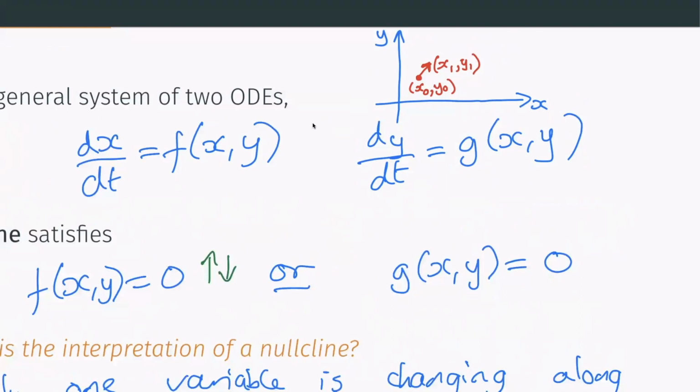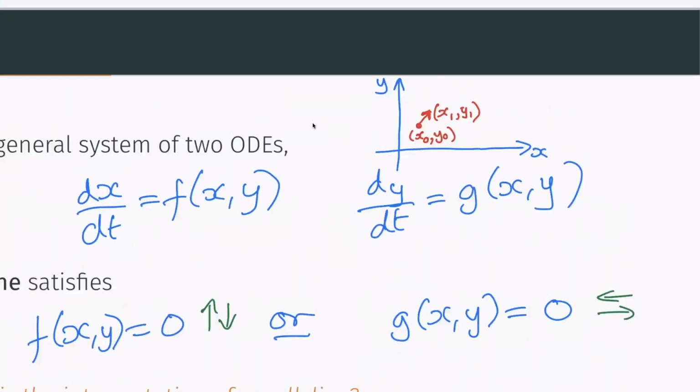Likewise, when g(x,y) = 0, then dy/dt is equal to 0, so we can't be moving up or down, we can only be moving left or right. Now, our other variable can be changing, which means that a nullcline describes some line or curve in this space where only one of our variables is changing.